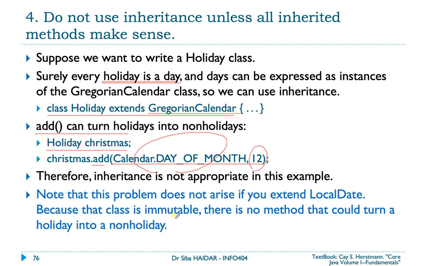Note that this problem does not arise if you extend LocalDate instead of the Gregorian calendar type. Because the LocalDate class is immutable, there is no method that could turn a holiday into a non-holiday. It is immutable, so another object will be created and a holiday will remain a holiday.